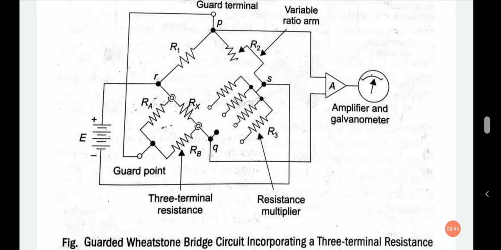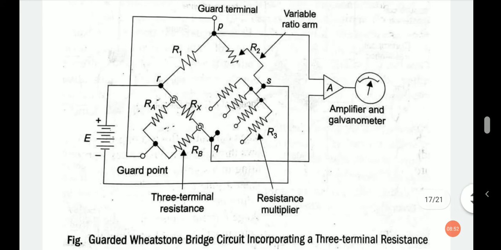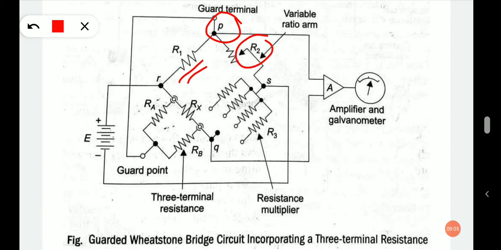Terminal P, that is the junction of ratio arms R1 and R2, is generally extended to the front panel of the instrument and considered as a guard terminal in order to eliminate the effect of external leakage current.